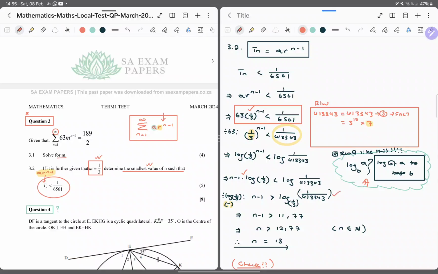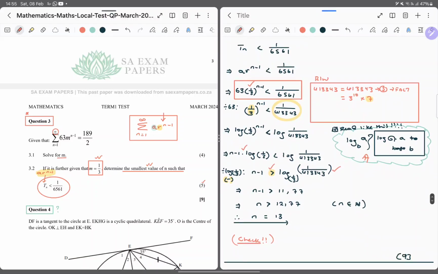Number 2, this is yet another law or rule of simplifying logs. And of course, the sign change, because knowing that the sign is going to change is key. Because remember, you look at the marks, you will see that there's no way I can get 5 marks by just substitution and then answer. No. And we get our answer there. Can you see we have 5 marks? 1, 2, 3, 4, 5.